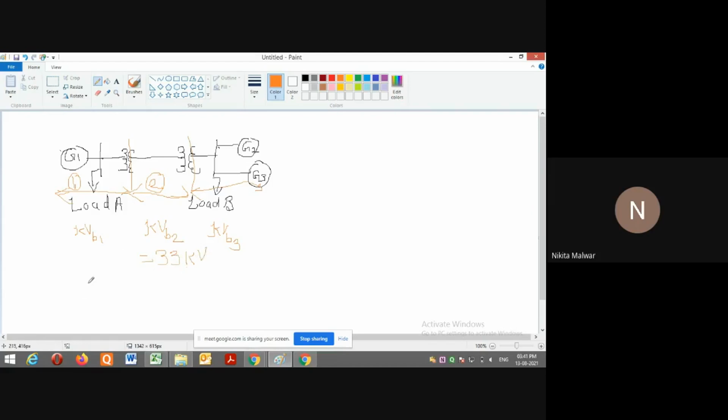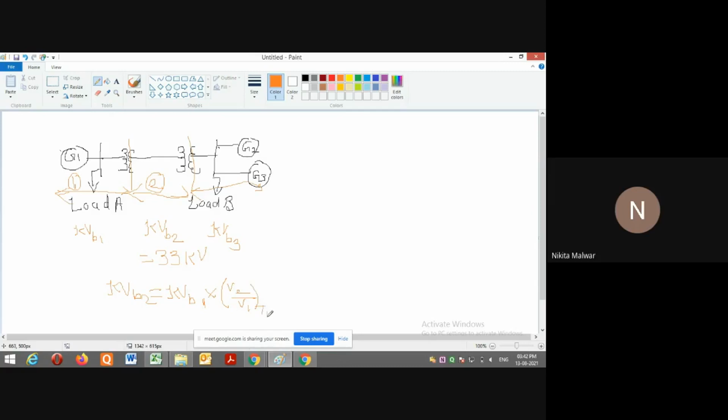So what is the formula for finding this kV base? So if you have to find out the kV base 2, we will have the previous section of kV base. So here the previous section of kV base is kV base 1, and the transformer ratio V2 by V1 of transformer T1.